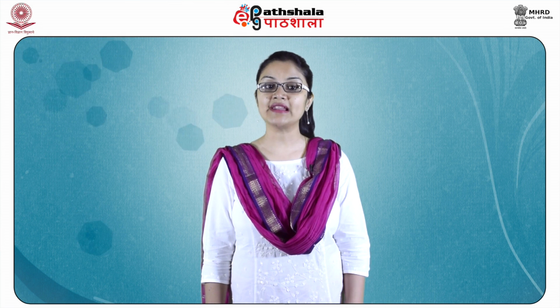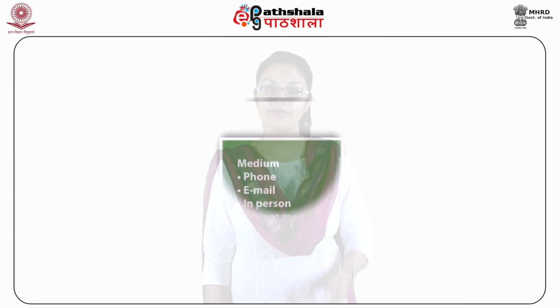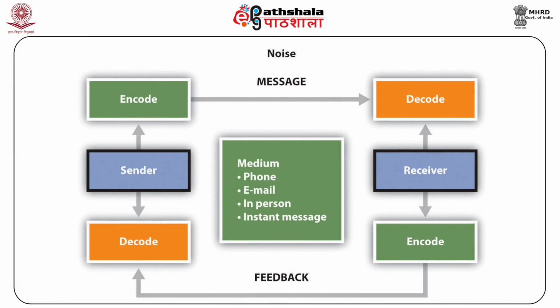Therefore, the final result is the transference of meaning from one individual to the other. This depicts the communication process. The key parts of this model are the sender, encoding, the message, the channel, decoding, the receiver, noise, and the feedback.